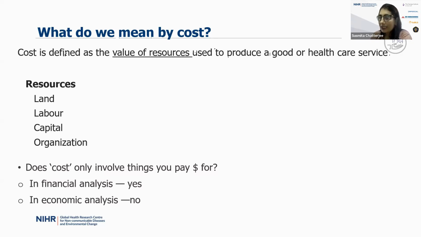But if the question is, what is the value of Susmita's time for doing this teaching, then it comes to economic cost, because we are valuing the time for a particular activity. It's not only directly the price. So that's the difference.